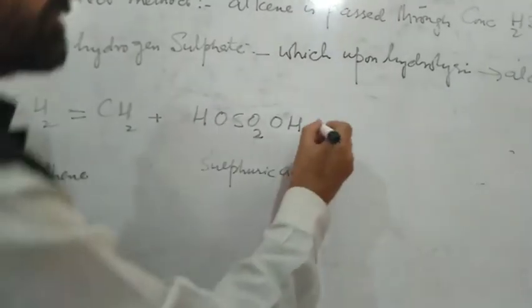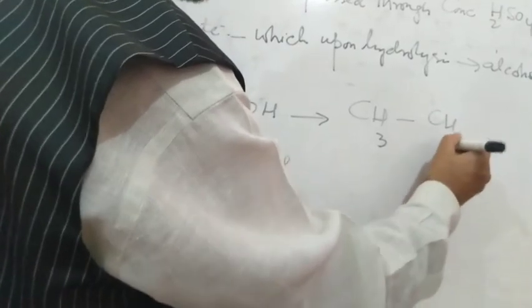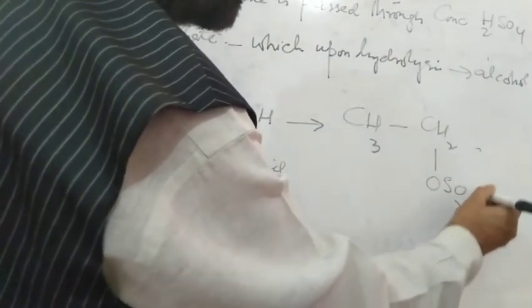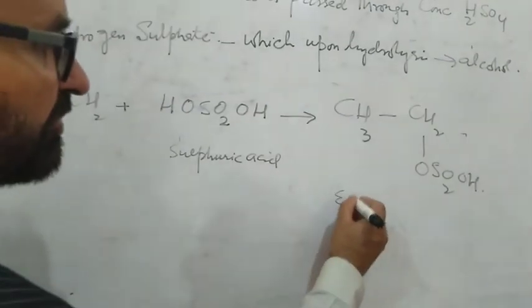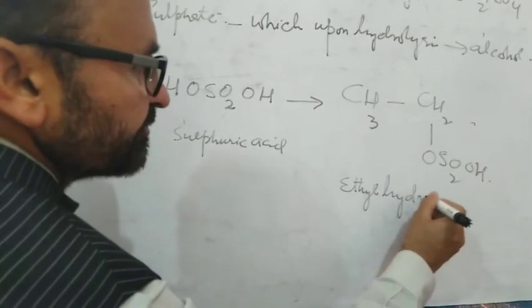Now it will give CH3 single bond CH2OSO2OH. This one, this is ethyl hydrogen sulfate.